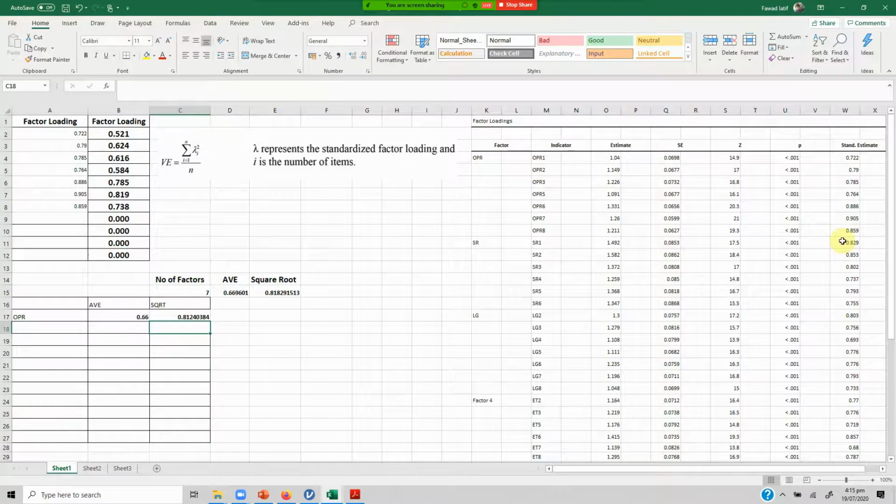Similarly you can do it for SR, it's 0.63, and similarly for LG.